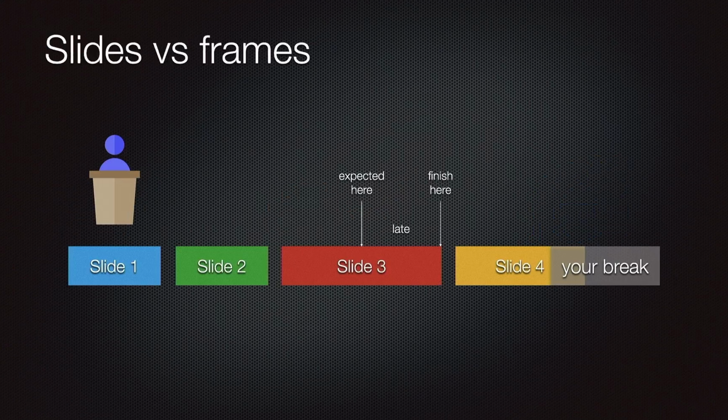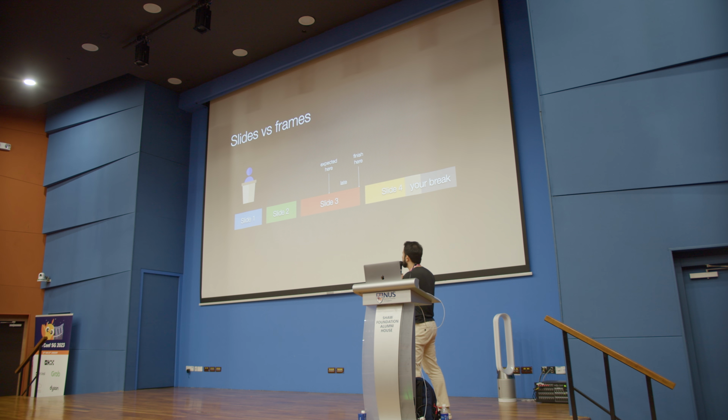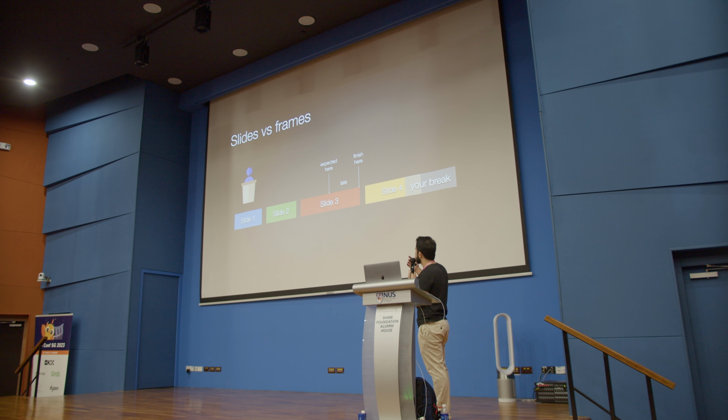Here I would like to do an analogy where I'm delivering a presentation. Oh, wait, I already am. So we have slides. I have some allocated slot of, let's say, 30 minutes, and I split this time in slots. Each slide has a definite amount of time where I should speak.